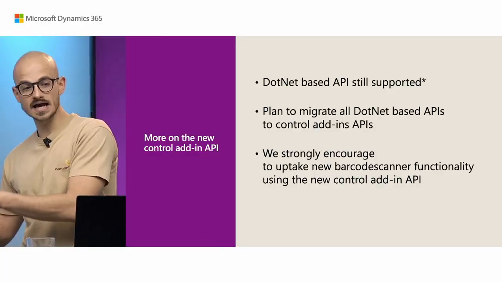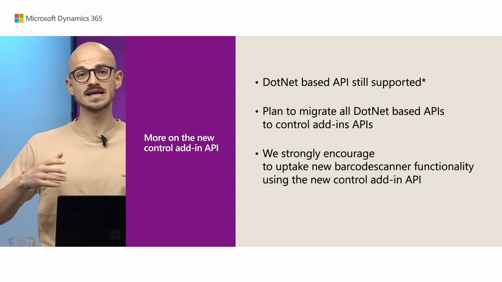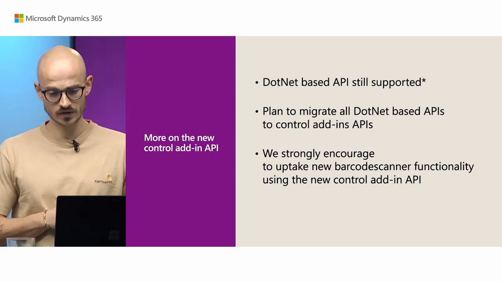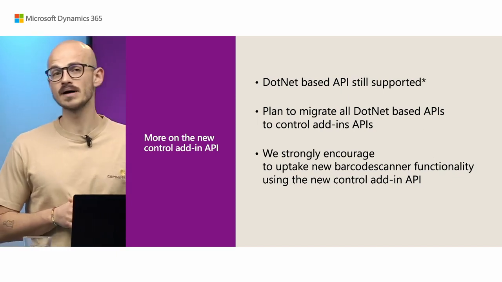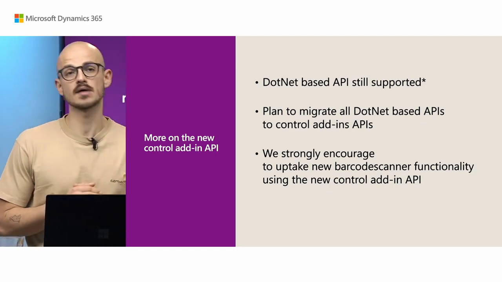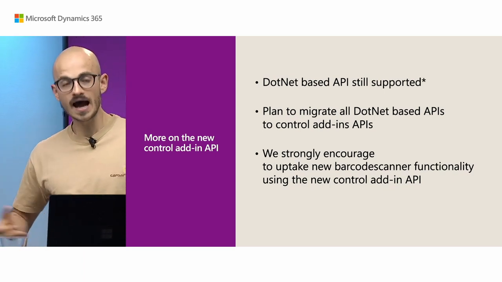Going to the next slide, it's really important to mention that the .NET-based APIs are still supported, meaning that if you already have uptaken any barcode scanning functionality in your application, these are still going to be supported.